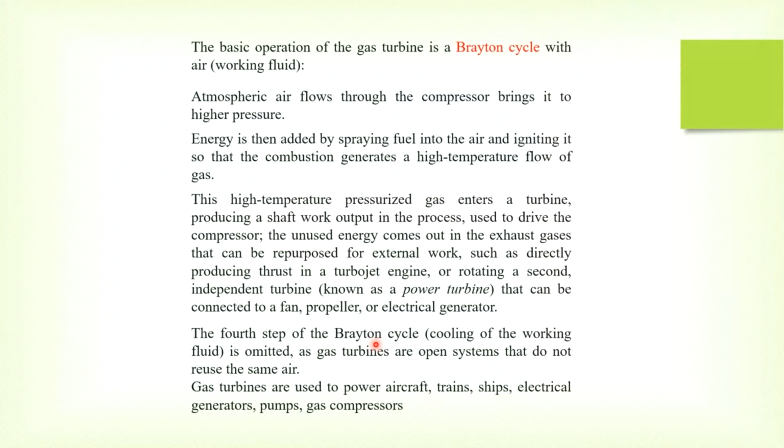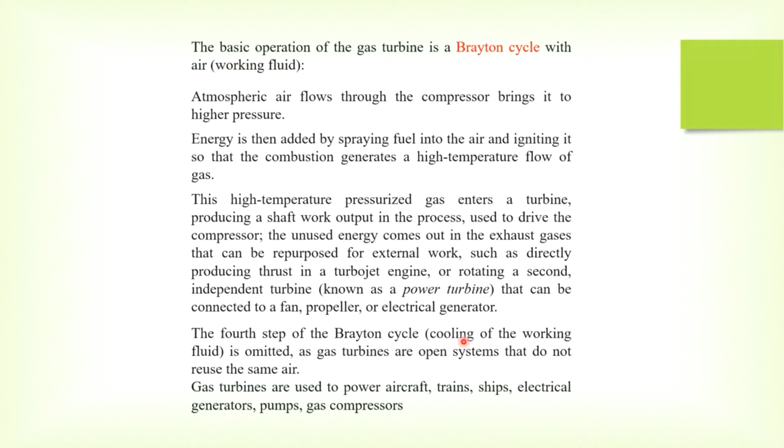Closed cycle means they cannot use a combustor. Instead of a combustor, they use a heater, and they also use a cooler. The heater is to raise the temperature, and the cooler is to reduce the temperature. So the Brayton cycle is a closed gas turbine unit cycle. The Brayton cycle has a fourth step, but the gas turbine cycle has only three steps.